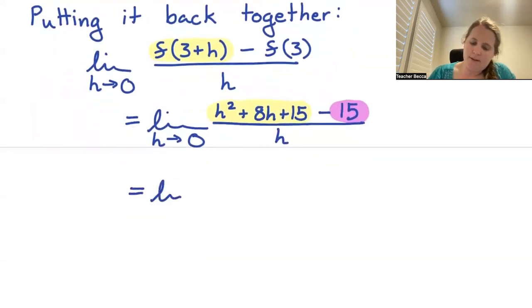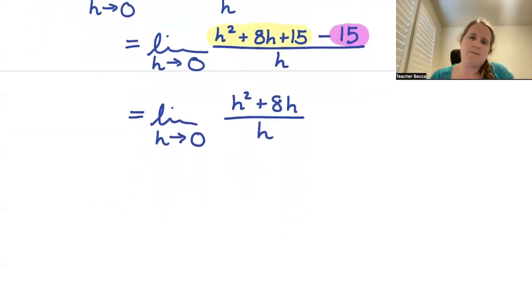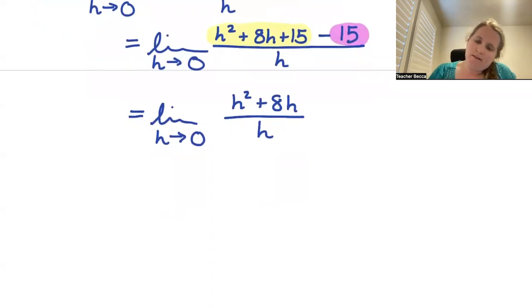This becomes the limit as h goes to 0 of, up top, we have h squared plus 8h. Plus 15 minus 15 goes to 0. And down below, we just have h. This is a 0 over 0 situation. If we plug in h equals 0, we have 0 squared plus 0 over 0. So we can go ahead and try to simplify.